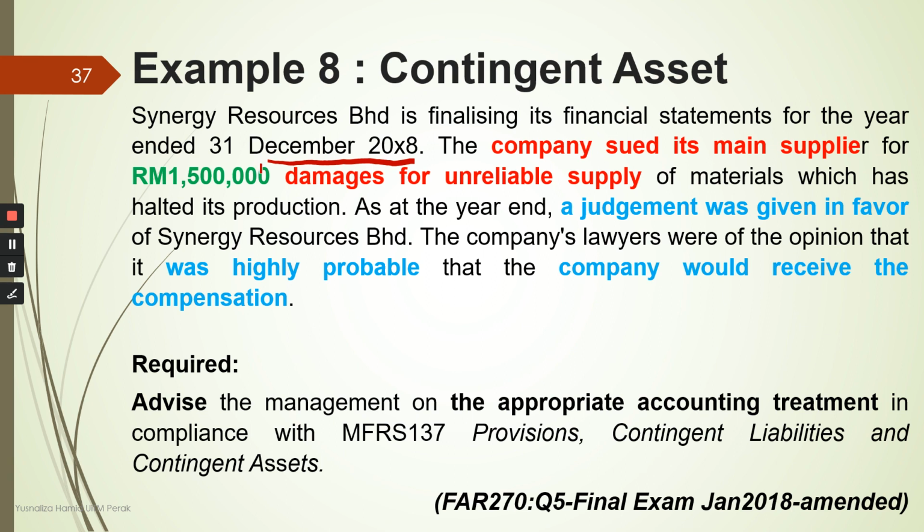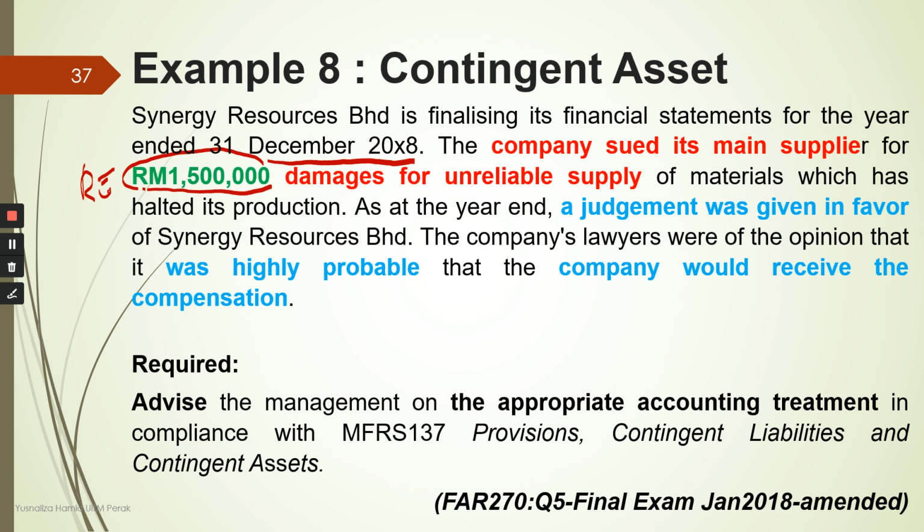They asked for a claim of 1.5 million. 1.5 million is an estimate that they made. It's going to be a reliable estimate if the lawyer or the lawyers were of the opinion that it will be highly probable, or it is going to be probable.